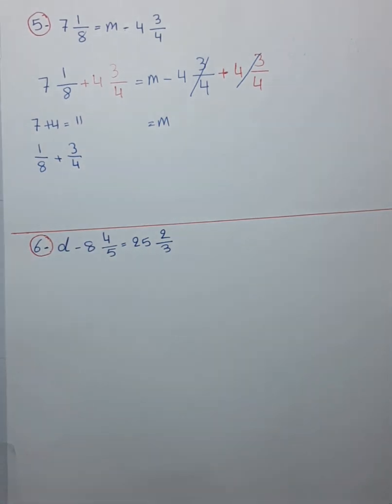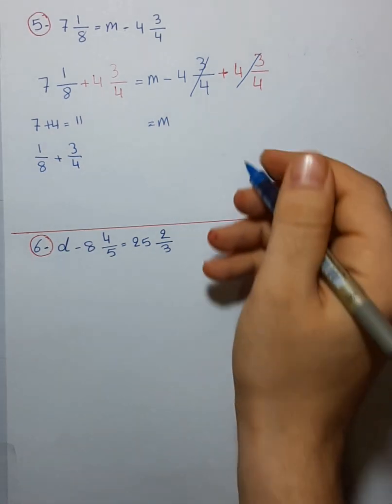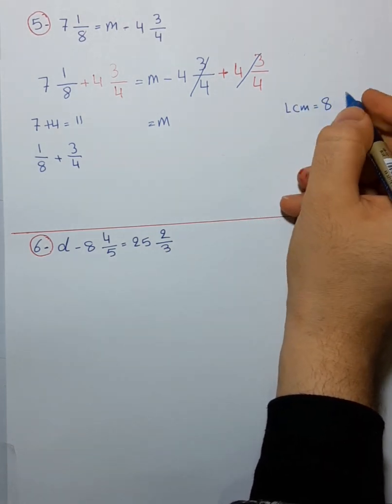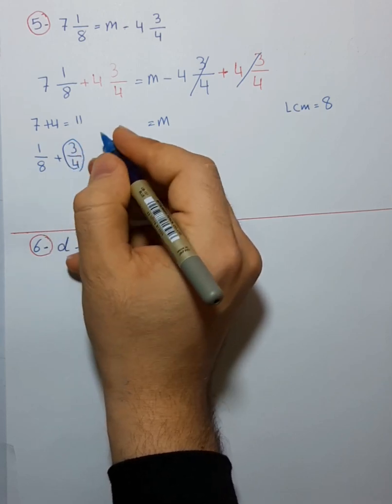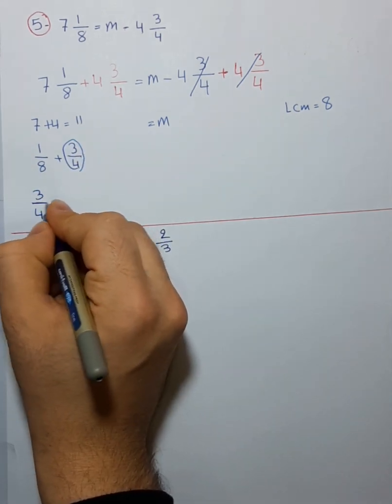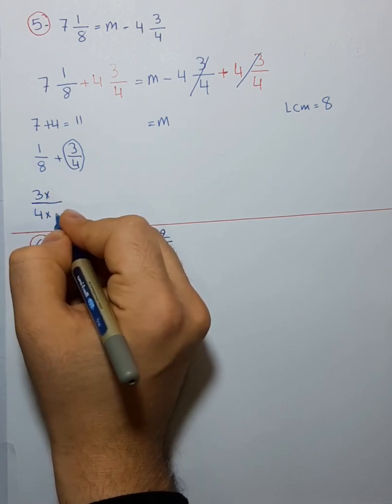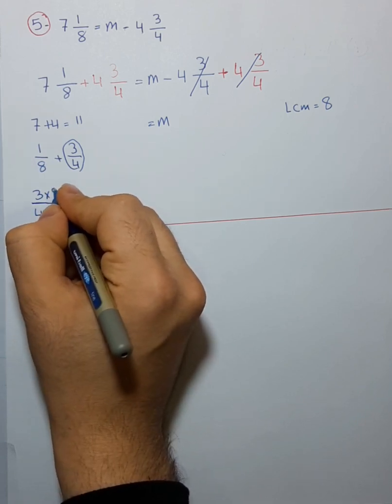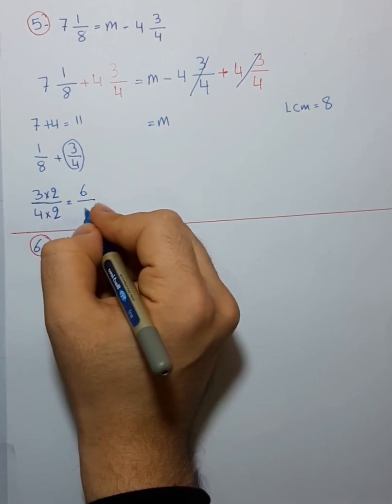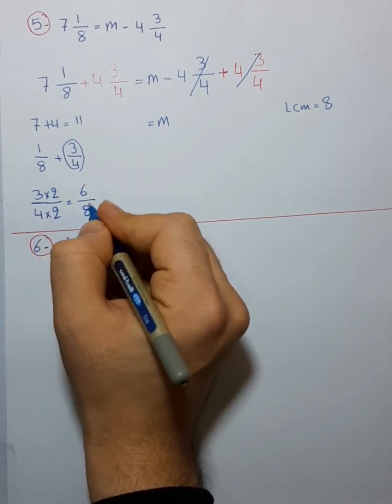We have different denominators. You have to find the least common multiple for 8 and 4. The least common multiple for 8 and 4 is 8. We have to change only this fraction, 3 out of 4. 4 times what number equal to 8? 4 times 2, and 3 times 2. 3 times 2 equal to 6. 4 times 2 equal to 8.